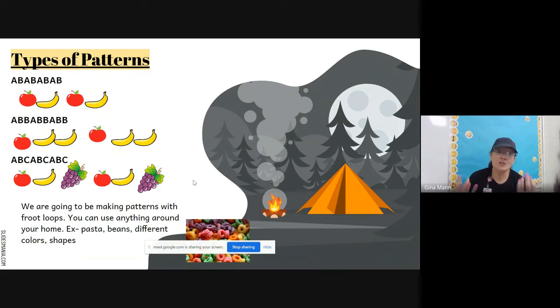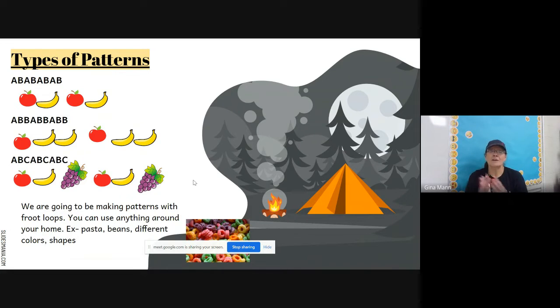It's using what you have and making the most of those teachable moments in the car, in the kitchen, walking with them, wherever you are. You don't need to sit down at the table to be teaching them patterns and reviewing patterns. Pasta, beans, different colored socks, shapes. Anything that you have, you can use it to help your child.